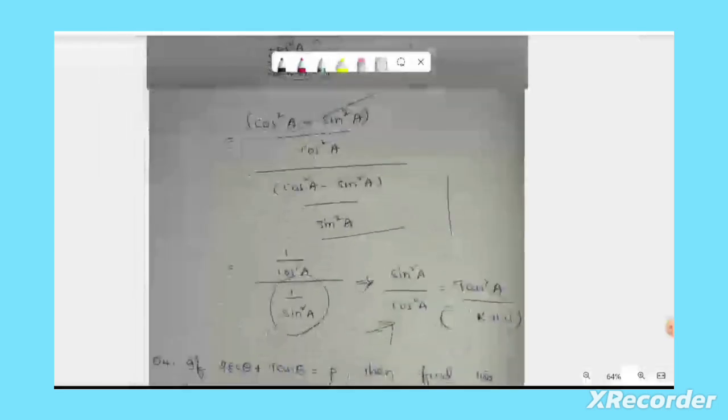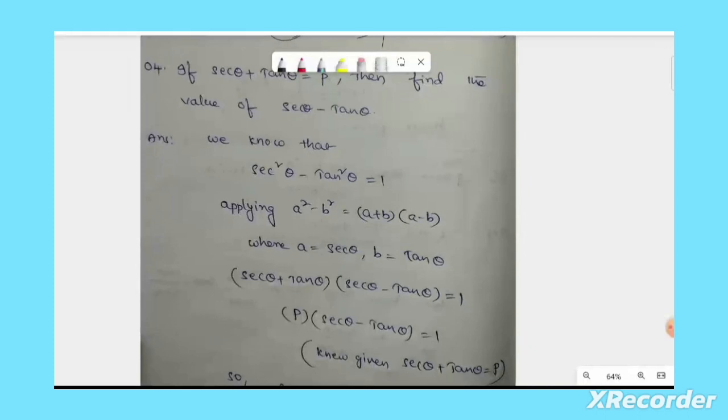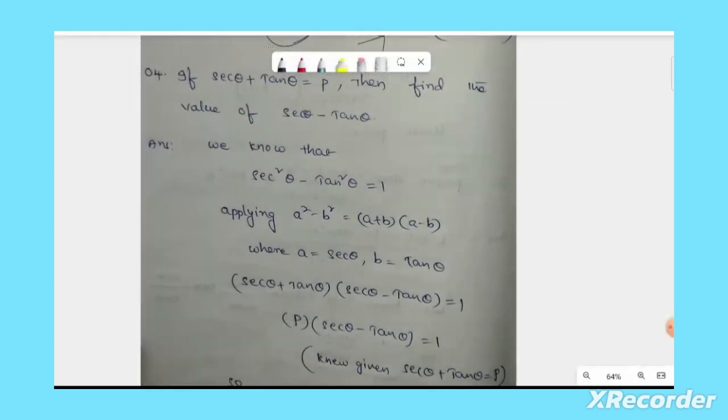And now let's move on to the fourth question. If secant theta plus tan theta equals p, then we need to find the value of secant theta minus tan theta.